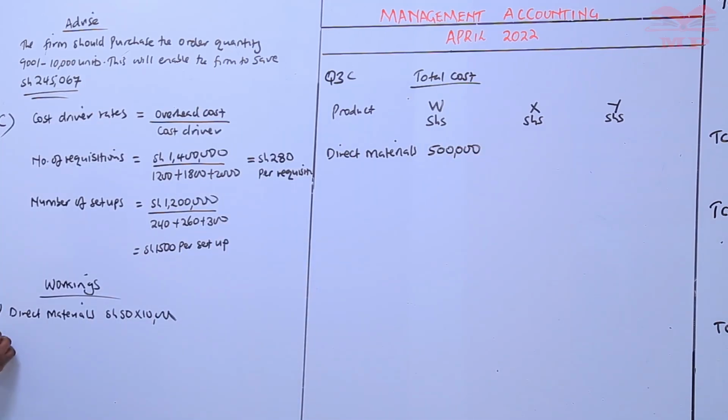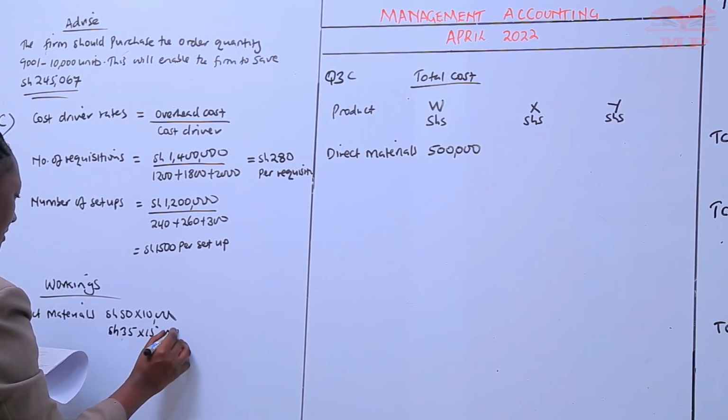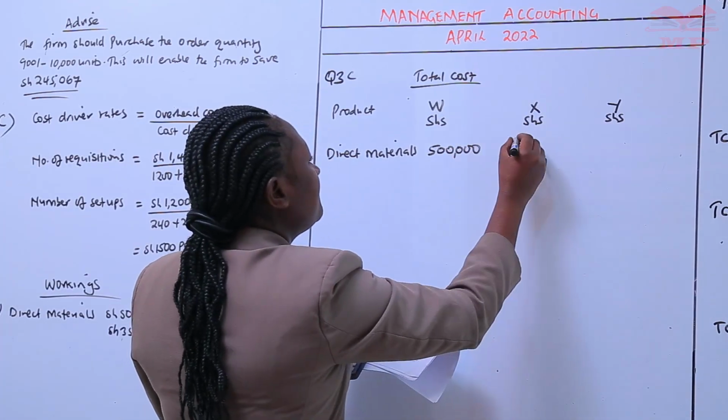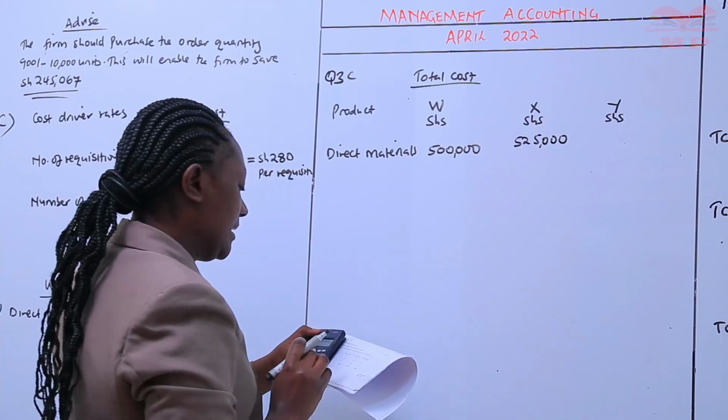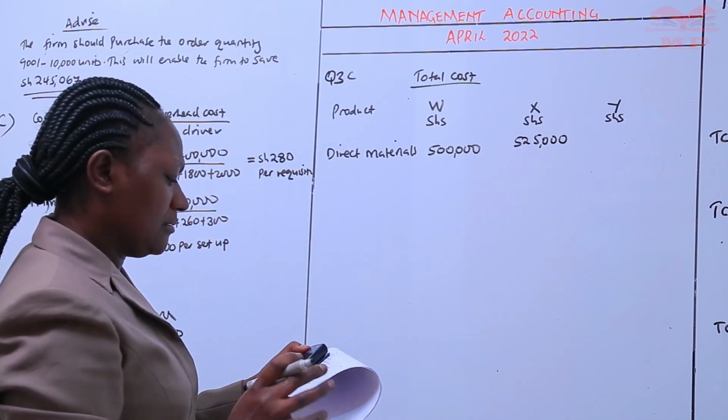This is for W, we have for X and for Y. For X, we have 15,000. This is still on direct materials. 35 times 15,000 units. This will give us 525,000.